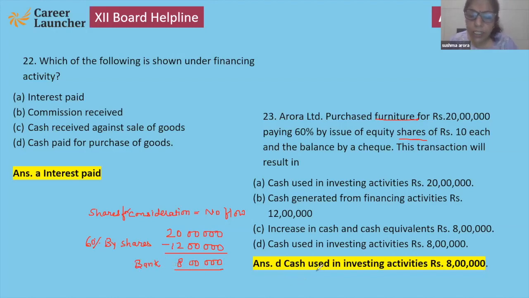So cash used in investing activity will be 8 lakh, because the actual outflow from bank or cash will be 8 lakh. Clear? So don't be confused that it is 20 lakh. No, it is wrong, because the cash is going out only 8 lakh rupees.